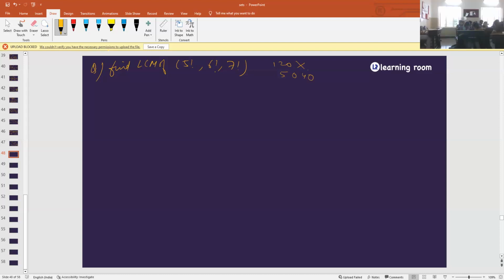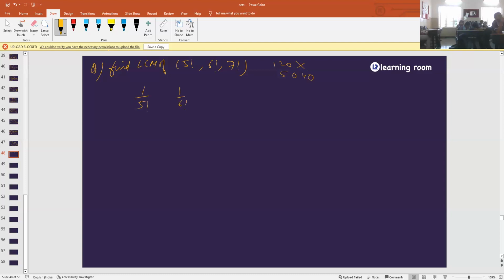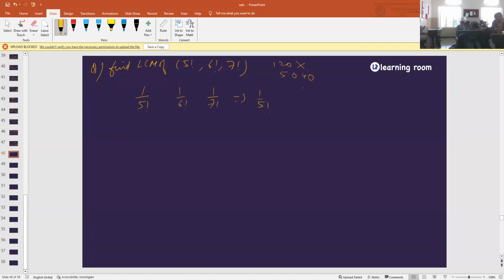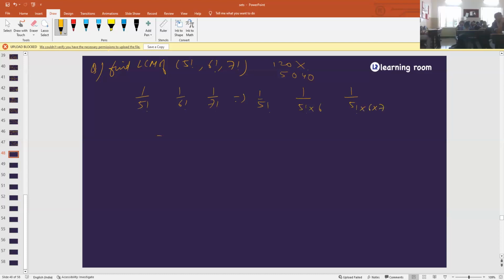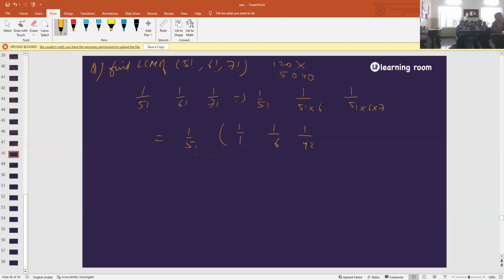So here basically, you don't have to do that much calculation. It is 1 by 5 factorial and 1 by 6 factorial and 1 by 7 factorial. How to take out the LCM? First, can I write it like 1 by 5 factorial, 1 by 5 factorial into 6, 1 by 5 factorial into 6 into 7. So now can I take 1 by 5 factorial common, and it will be 1, 1 by 6, 1 by 42, right?